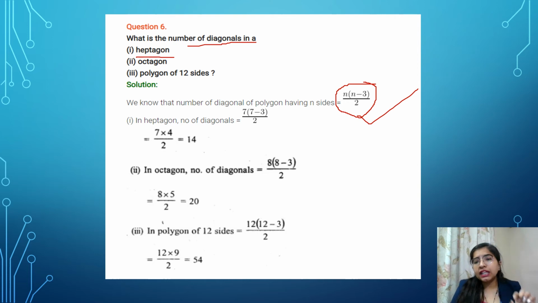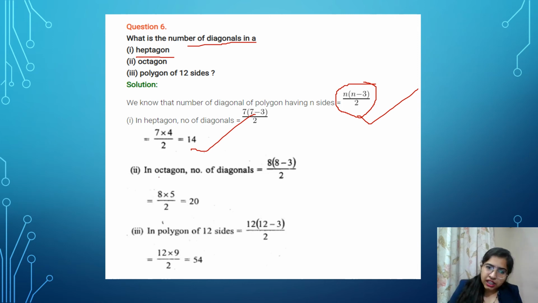In a heptagon, n is 7. So the number of diagonals will be 7 into (7 minus 3) divided by 2. n is the number of sides, so you put n equal to 7. So 7 minus 3 is 4. Then 7 into 4 divided by 2 is 14. Clear? This will be the answer.